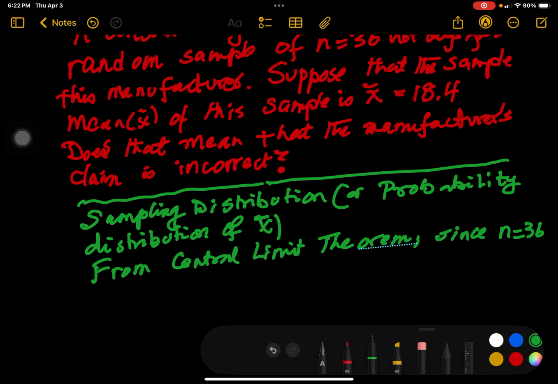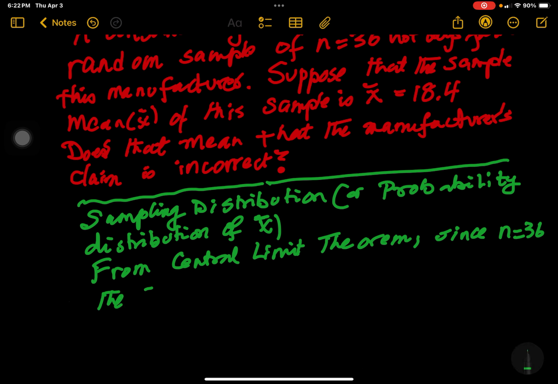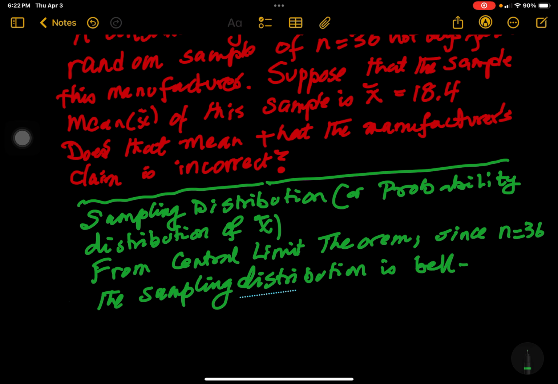From central limit theorem, the sampling distribution is bell-shaped. That means normal.